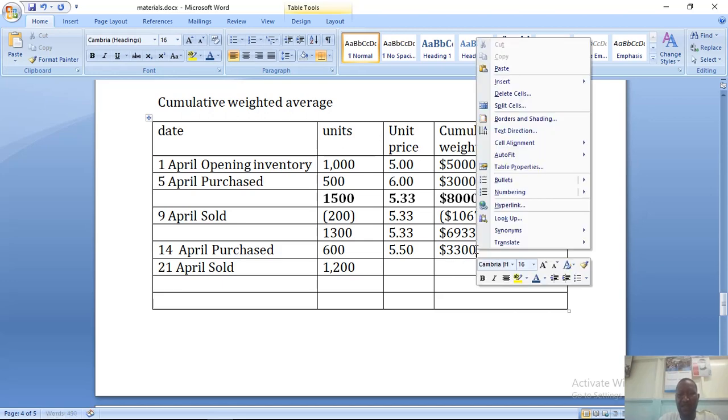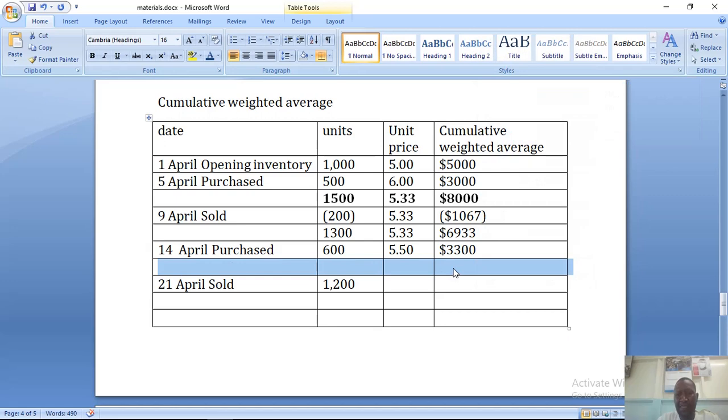So at that stage, the total value of the units we have in inventory is $6,933 plus $3,300, which is $10,233.